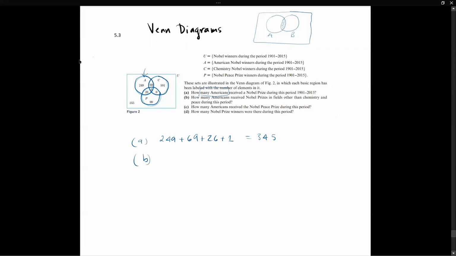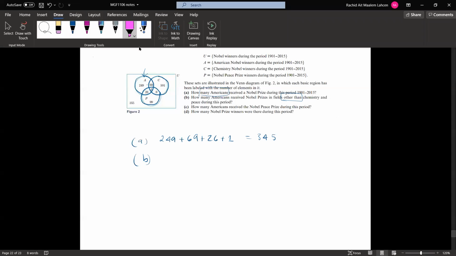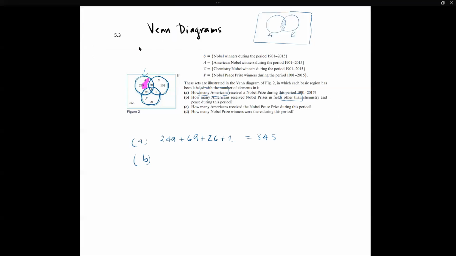How many Americans received Nobel Prizes in fields other than chemistry and peace during this period? We see chemistry and we see peace, these two. So other than is going to be this side, right? Because inside this circle here is chemistry and inside this one is peace.